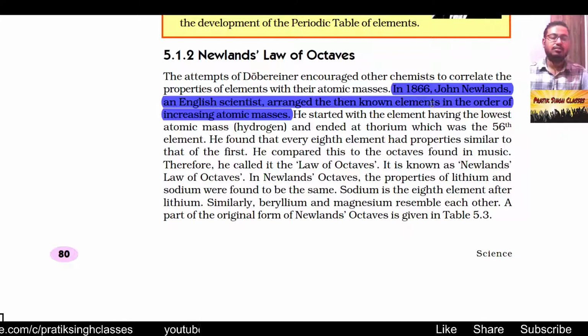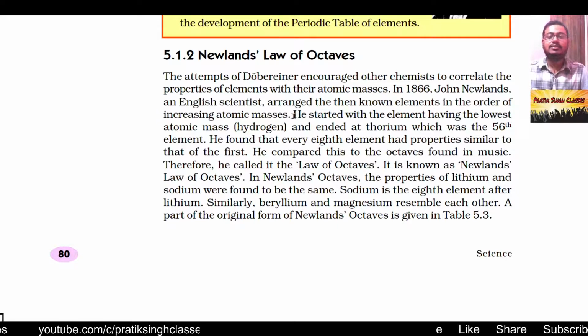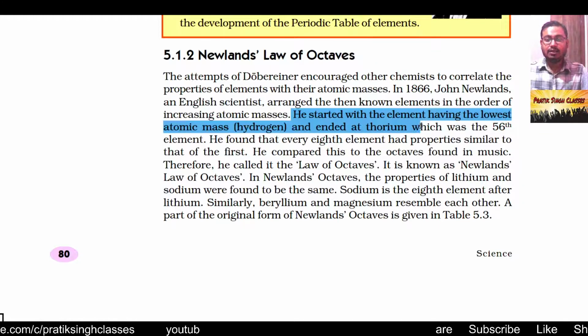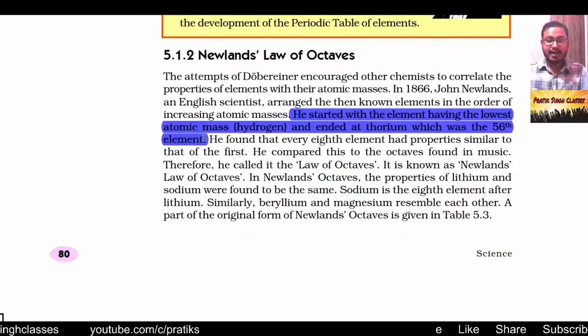About allotropes we will study further, which led to the disaster for this triad and octave rule. But first we have to know the basic things given by the scientists at the time. He started with the element having the lowest atomic mass, hydrogen, and ended at thorium, which was the 56th element known at that time.